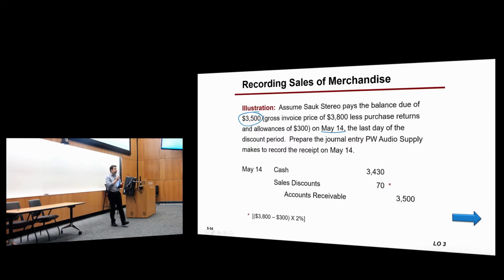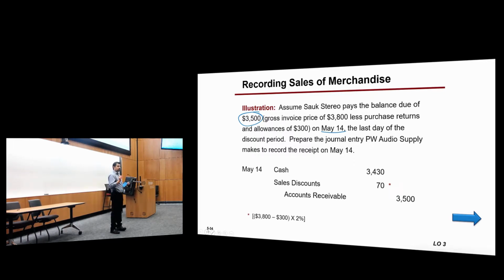Now, that would have been correct if there was no discount. Without a discount, they received $3,500 for the debt. When you say the debt, that was accounts receivable. Accounts receivable is still $3,500. But there was also a discount of $70.